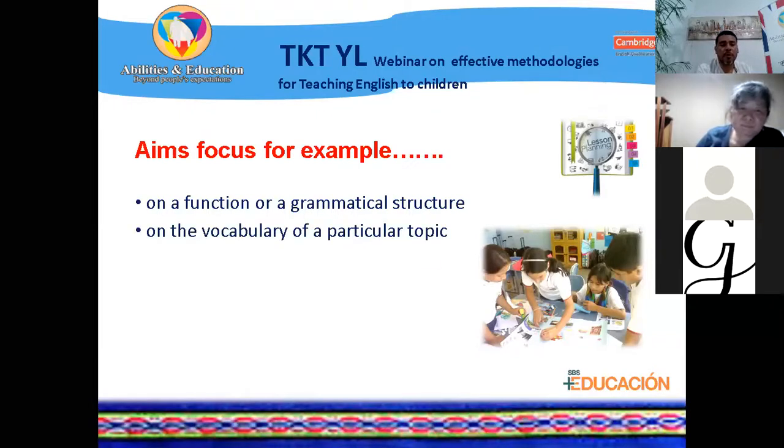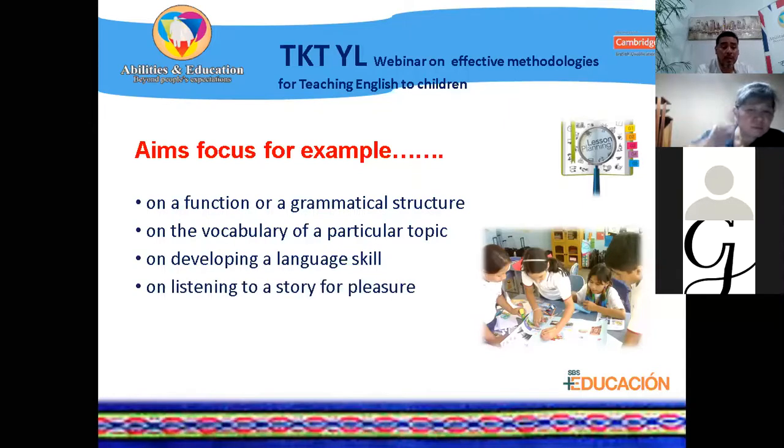Aims focus also on the vocabulary of a particular topic. Sometimes an aim can be to make the children learn vocabulary related to animals or occupations. Aims focus also on developing a language skill, such as listening or writing or speaking.